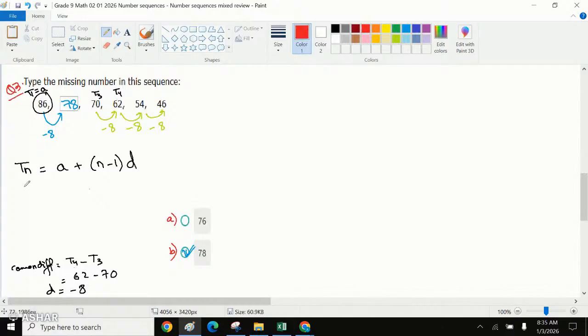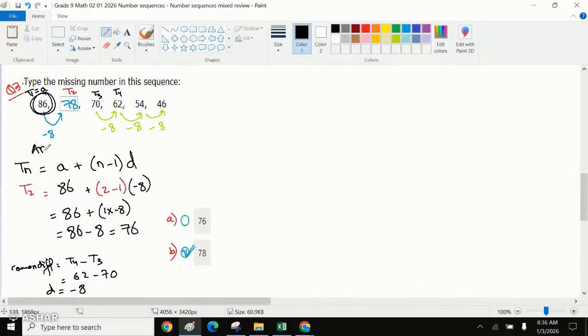When we apply it in the question to find the term number 2, n is replaced by 2, the difference is replaced by negative 8, and A is always the first term, right? That means 86 plus 1 multiplied by minus 8. That is 86 minus 8, that is 78.